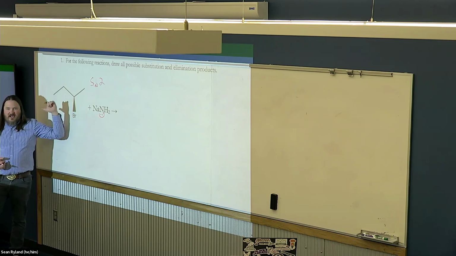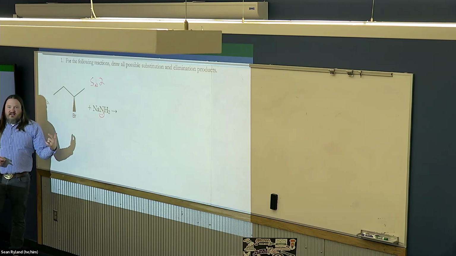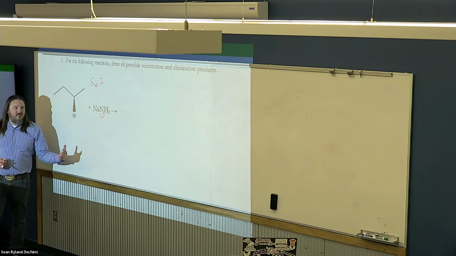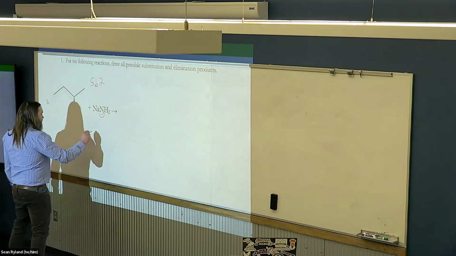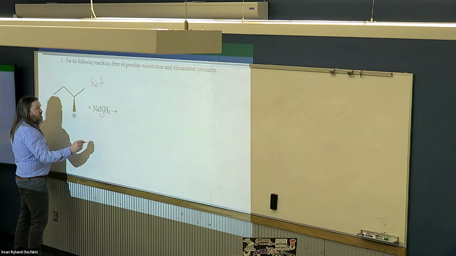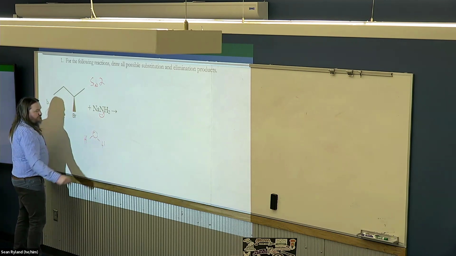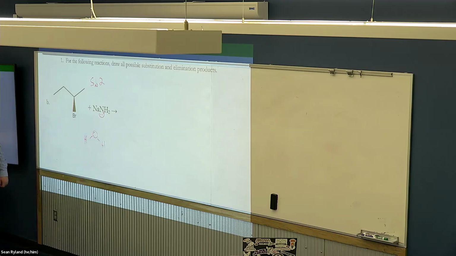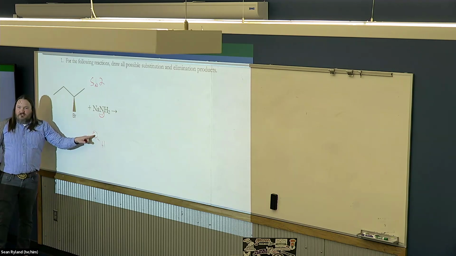And when you have more than one atom that's part of that, it's the part of the molecule that has the strongest negative charge, either the full negative charge, or if you're dealing with partial charges, the part of the molecule that has the largest partial negative. So for instance, if we're using water as our nucleophile, I don't know that I ever explicitly laid this out last quarter. I just kind of assumed everybody got the point of following the partial charges. The oxygen has the partial negative here.